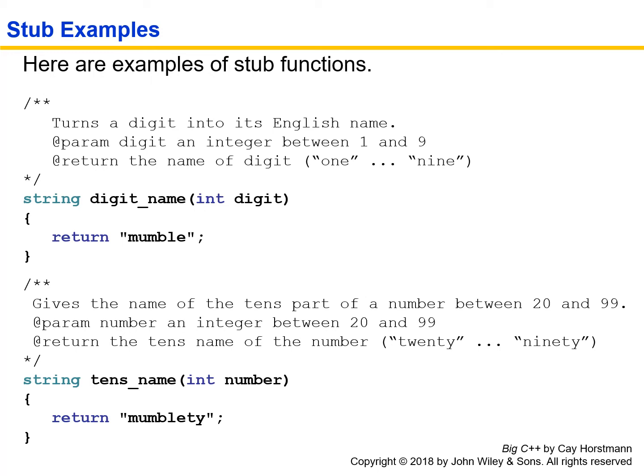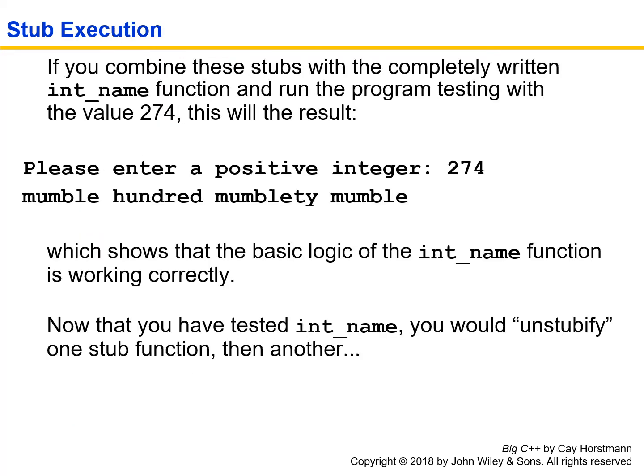A tens 20, 30, 40, 50 sounds like mumble T. So if you write these simple things and say, well, I don't know how to write a digit name or a tens name yet, but I'll figure that out later, then when you compile the code and run it, you get 274 broken into mumble 100 mumbledy mumble, which sounds silly, but it shows that the basic logic of the function is working correctly.